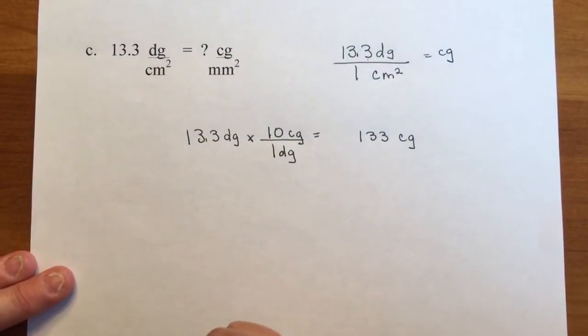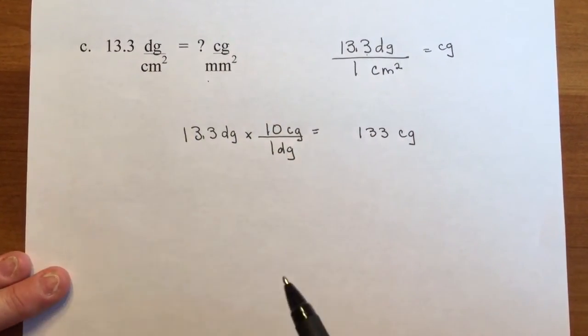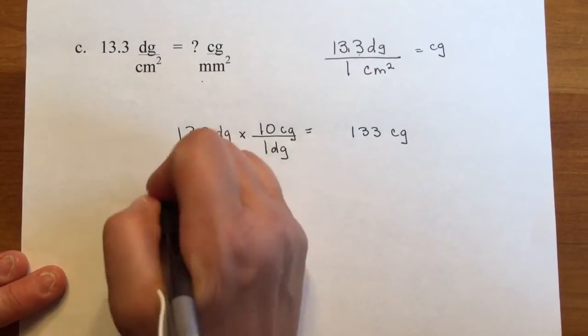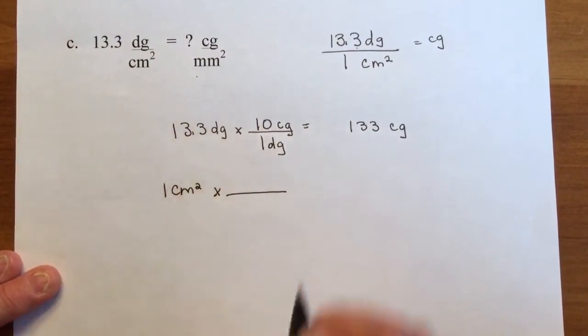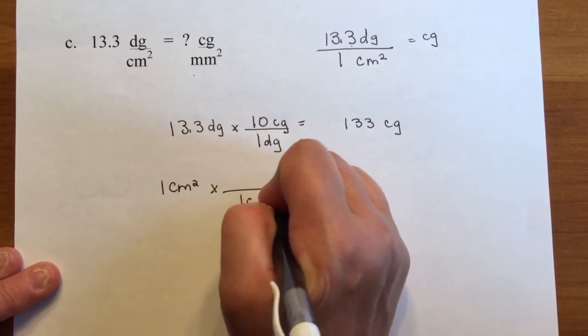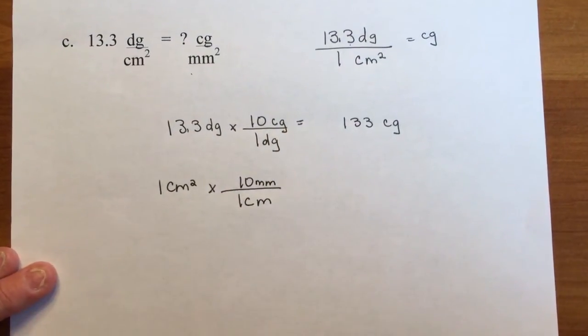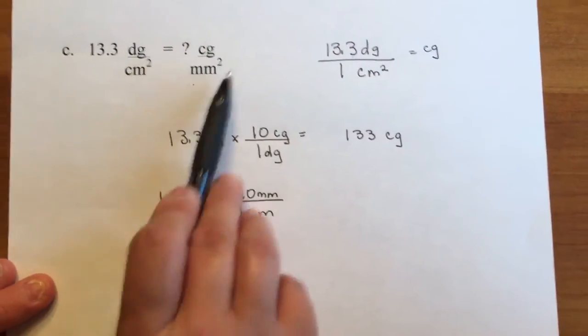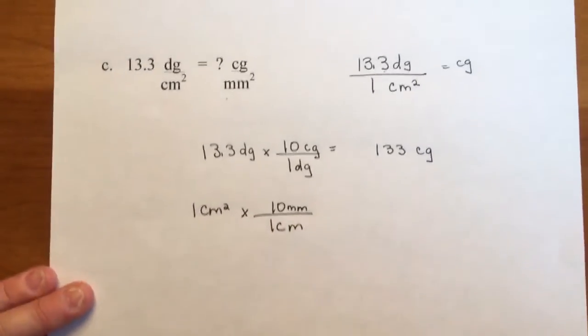So now we're going to look at the squared centimeters and turn it into squared millimeters. So we have 1 centimeter squared. And in 1 centimeter, there are 10 millimeters. Again, we need to square both of these because we want to get squared millimeters and we want to get rid of squared centimeters.